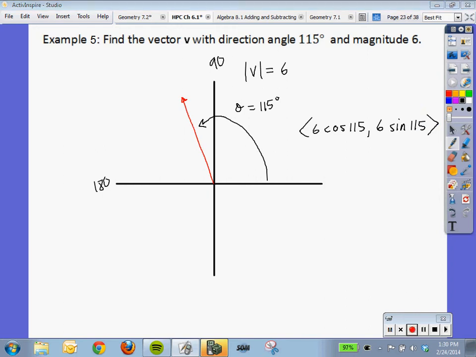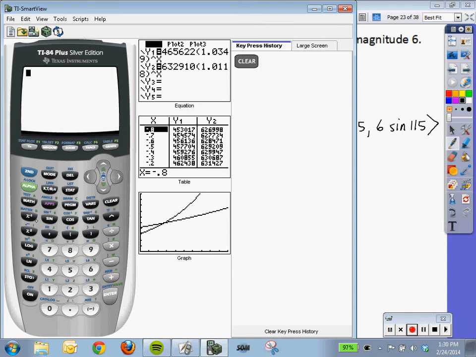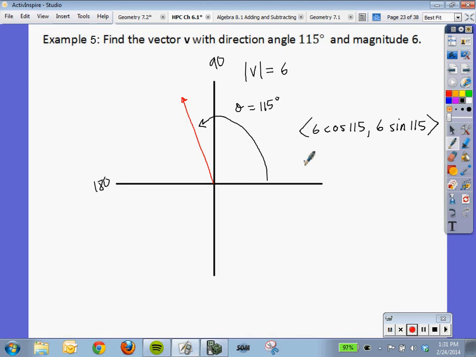So let's figure out what we get here. We got 6 times the cosine of 115, so that's negative 2.53, or we could round up, right? Negative 2.54.